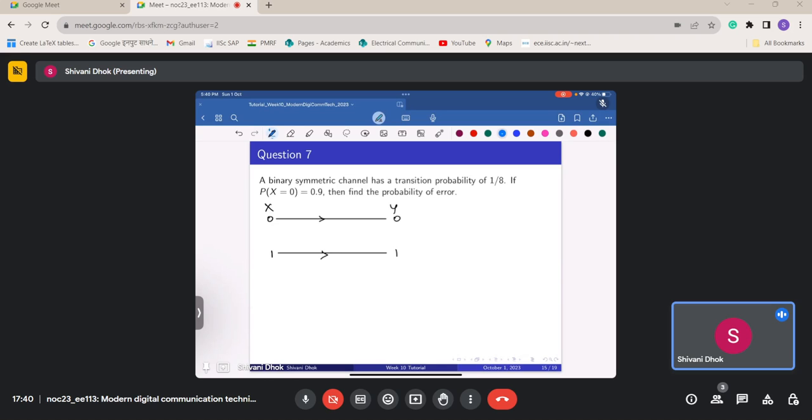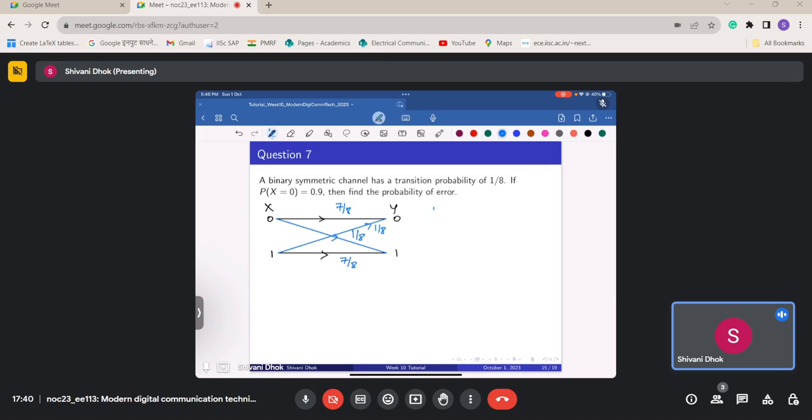And the transition probability that 0 being received as 1 is given as 1 by 8, which means that 0 being received as 0 will be 1 minus 1 by 8, that is 7 by 8. Similarly, 1 being received as 0 has probability 1 by 8, which means that 1 being received as 1 will have probability 7 by 8.